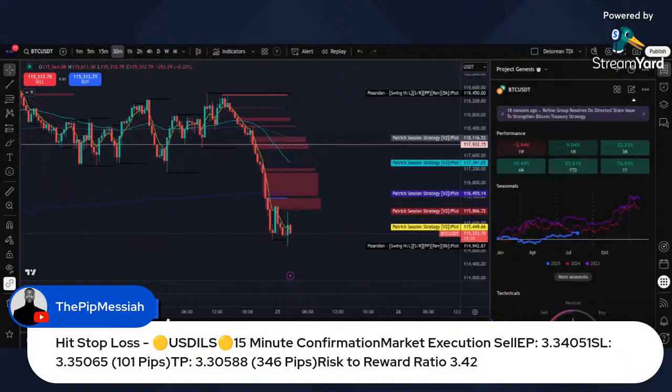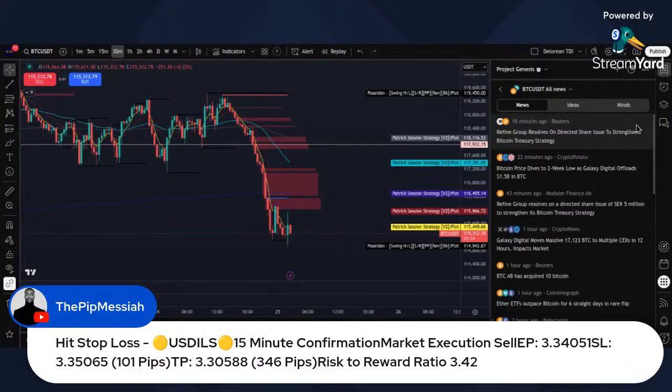See if we had any news of note. Ouch. That's what it is. Galaxy Digital offloaded $1.5 billion in Bitcoin.